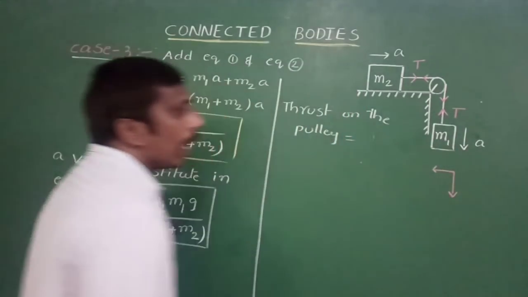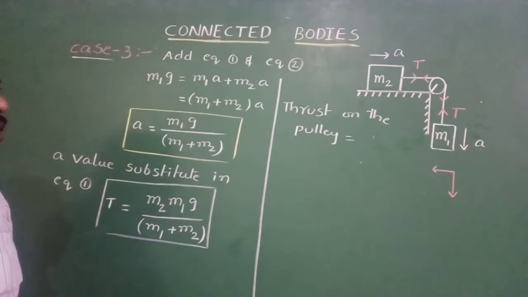One tension tries to pull in the downward direction and another tension tries to pull towards the left. If two forces are acting perpendicular to each other, the angle between them is equal to 90 degrees. So we can find the resultant tension.